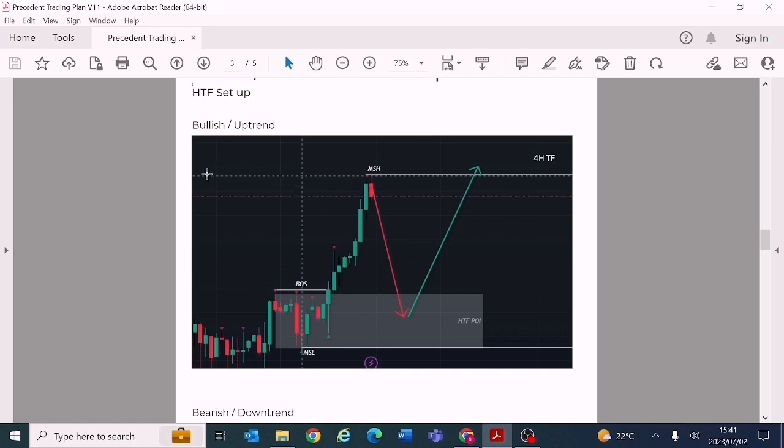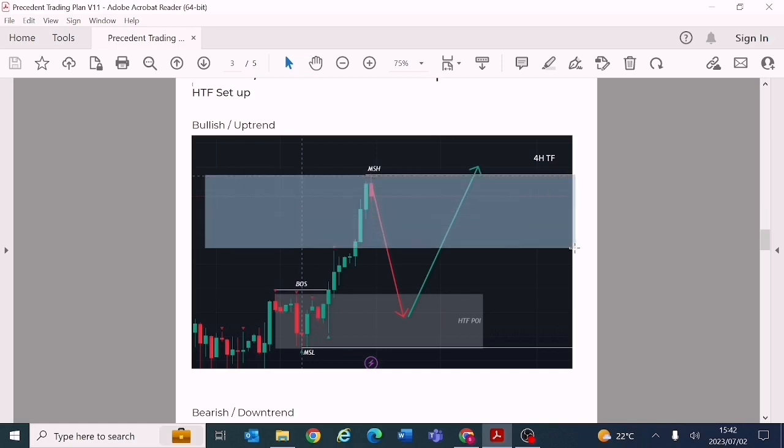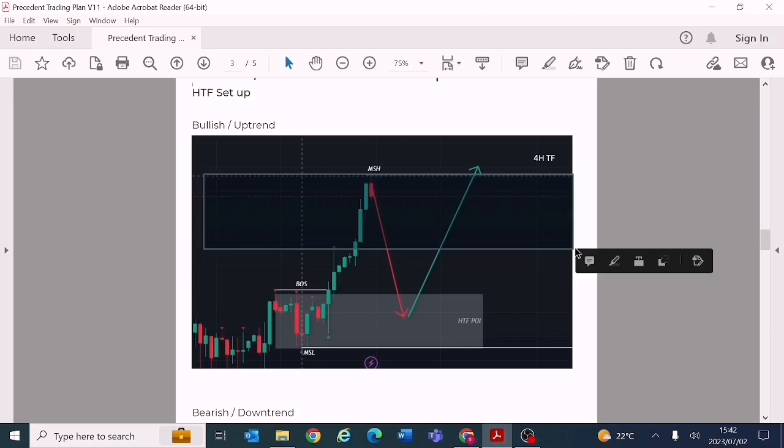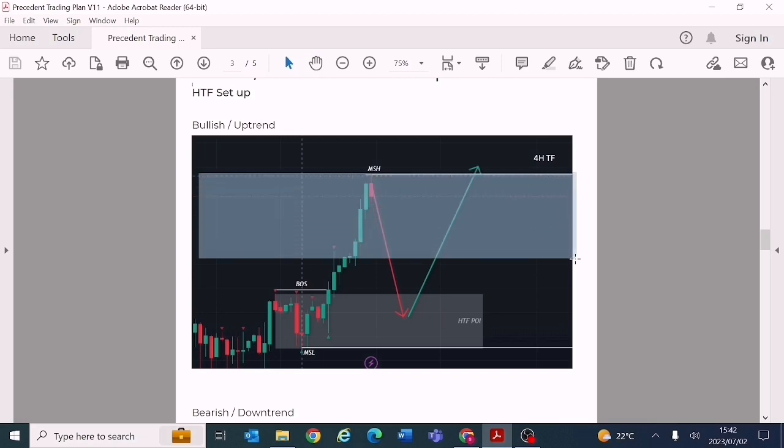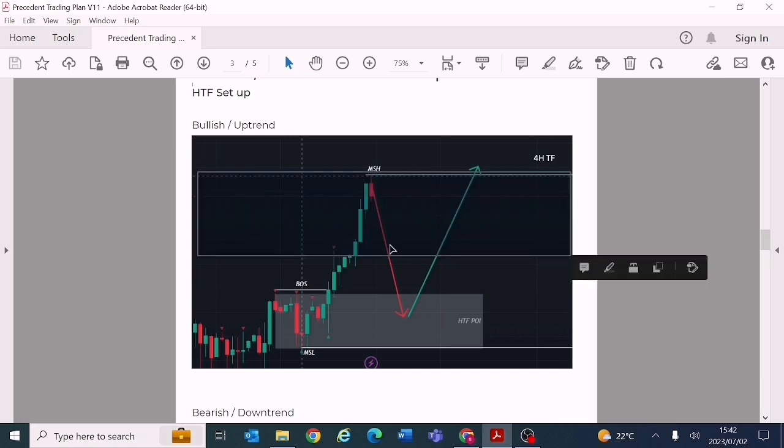We want to buy. So I cannot be buying at premium prices, because above this 50% would be regarded as premium pricing. So even if price gives me confirmation here, I am not interested because price is in premium pricing. I want to see confirmation somewhere down here, and I want to see it within a demand zone.